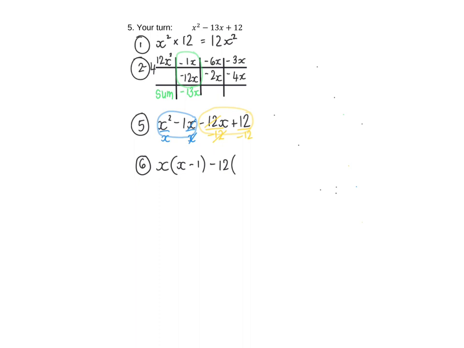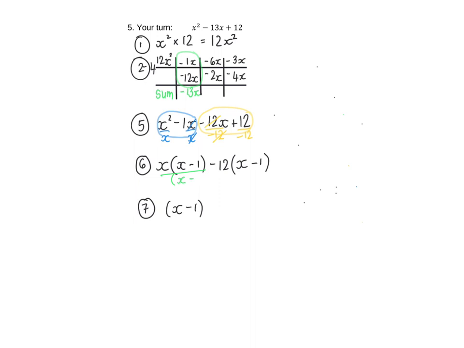So x, and then the second term from the group, positive 12 divided by negative 12 gives you negative 1. And now we have our identical brackets, x minus 1, x minus 1, and that's what happens in number 7. Write your identical brackets. So then we're going to know that's the common factor.